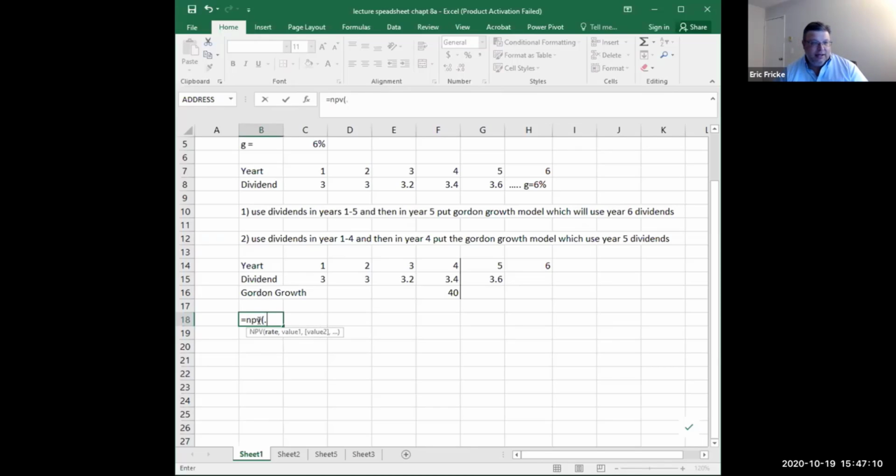It's going to be the discount rate, and then the present value of year 1, year 2, year 3, and then the year 4 dividend plus the Gordon growth model. And the Gordon growth model represents in year 4 the value of all year 5 and onward dividends. And that gives us 3180.